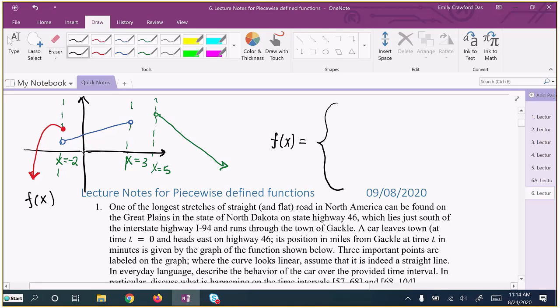For as many pieces as I have, like here I have 3 pieces, I'm going to need that many rows. So I'm going to put these blanks here, and we're going to fill them in. But you wouldn't actually write these blanks typically.